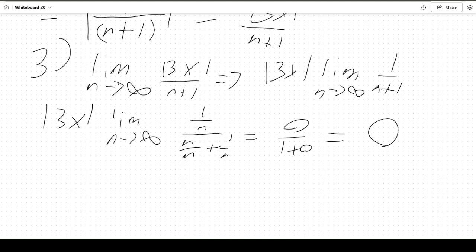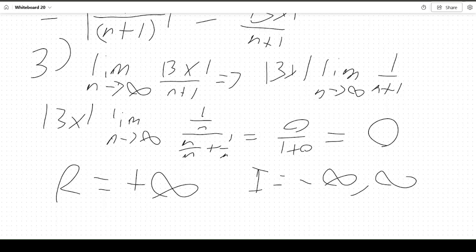When the limit equals 0, we automatically know that the radius of convergence is positive infinity, and the interval of convergence is negative infinity to positive infinity.